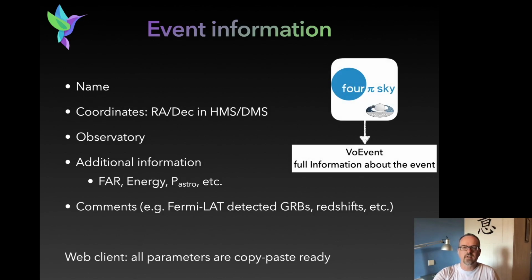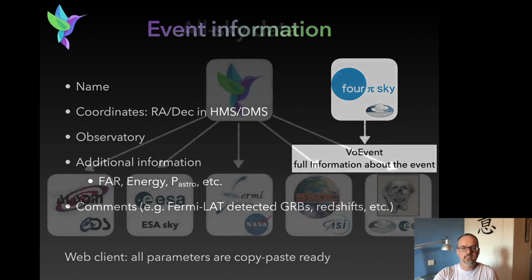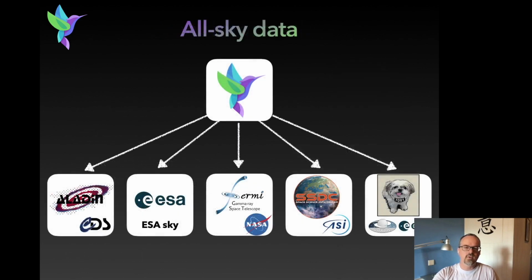And if this is not enough, we also directly link to the full information that we have, contained in the VOEvent information from the 4PySky database. Once we have selected a transient event, we can point to general purpose information on the web. This includes well-known services like Aladin and the ESA Sky all-sky view.